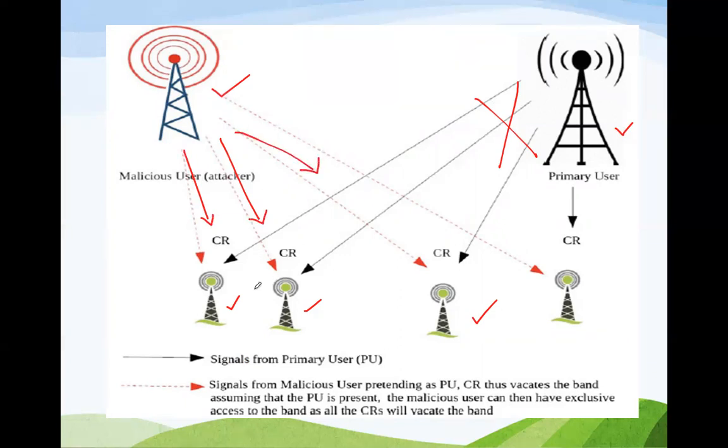As a result, these secondary users consider that these signals are from the primary and thus do not occupy the spectrum. Since the secondary users do not occupy the spectrum, the malicious user will try to occupy the spectrum of the primary user. This is how the attacker occupies the spectrum of the primary user.